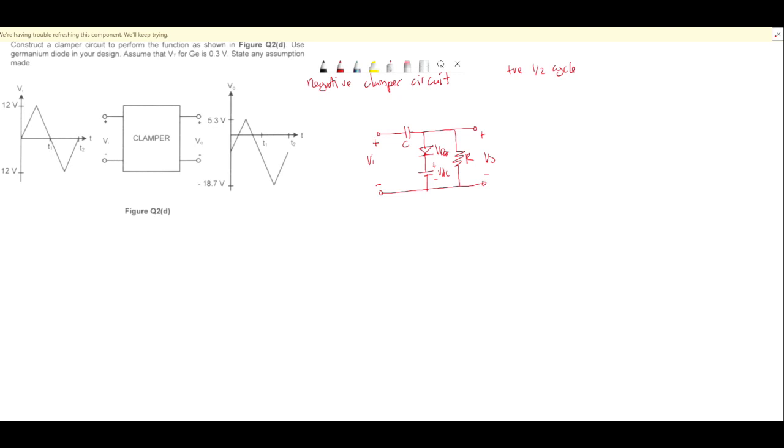The current will flow from high potential positive to low potential. So high potential kat sini must be positive, then your diode, your capacitor polarity also must start with a positive, high potential to low potential. Positive then negative. So this one is your capacitor voltage, right?